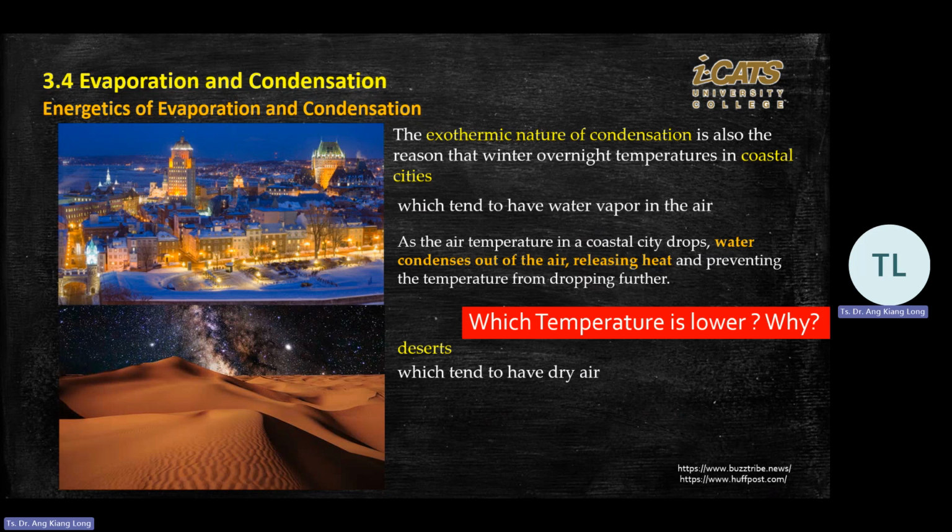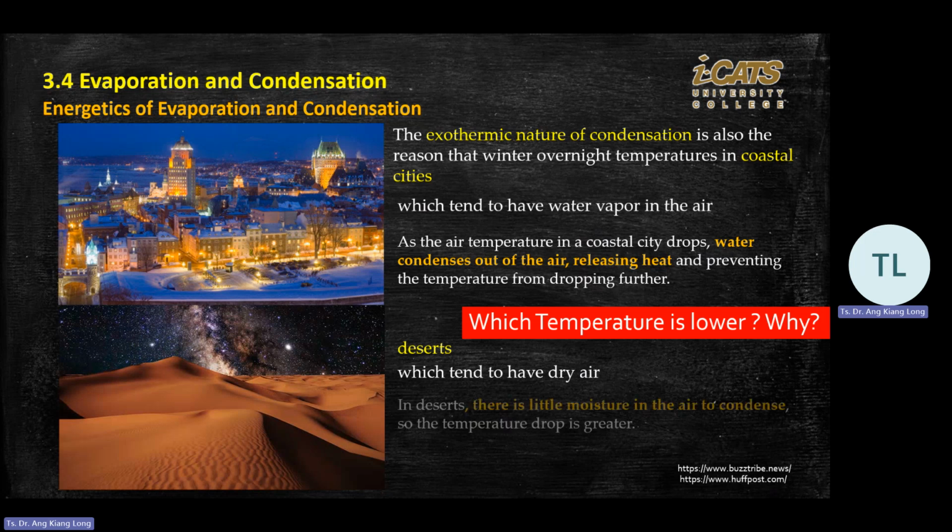So when you have water condense and release heat, what happens to the temperature? The temperature will increase. So we'll feel warm in the winter city area near the coast. You feel warm because the water condenses out of air and releases heat to the environment.